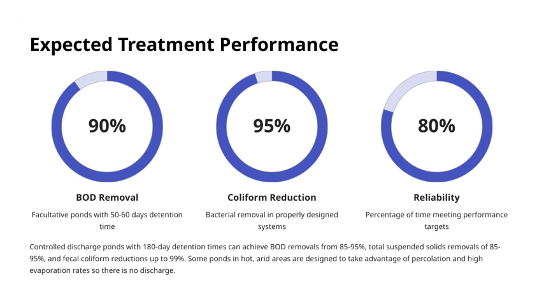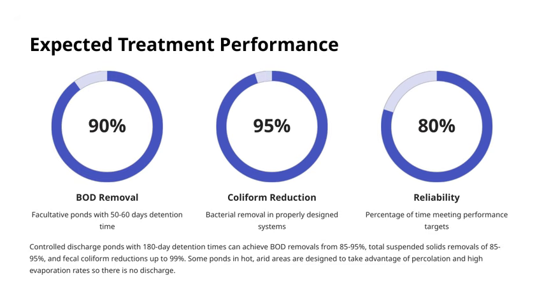In some hot and arid regions, ponds are even designed to take advantage of natural processes like percolation and high evaporation rates, which means these systems can operate without discharging water at all. This approach is particularly useful in areas where water conservation and environmental protection are priorities. Overall, these systems are adaptable and effective, depending on their design and environmental context, and they play a vital role in sustainable wastewater management.